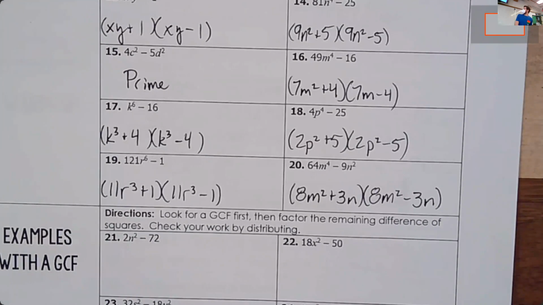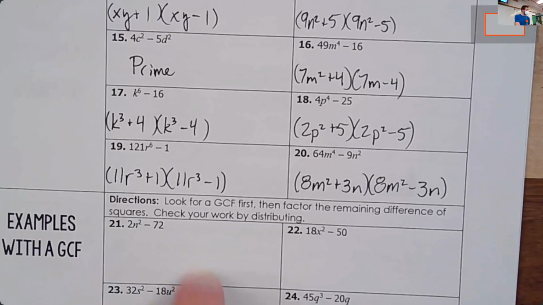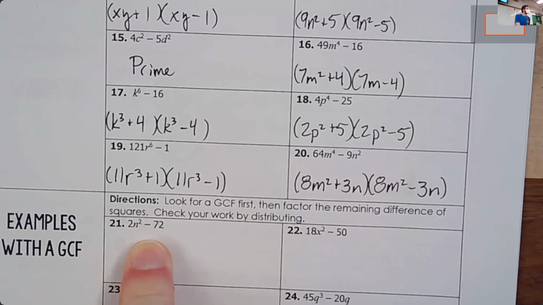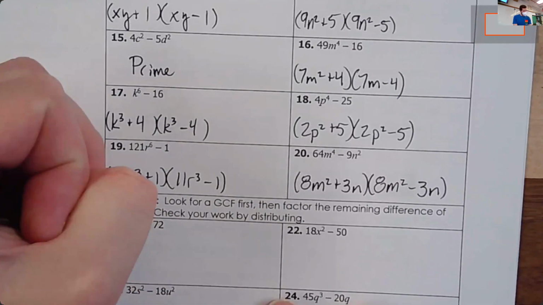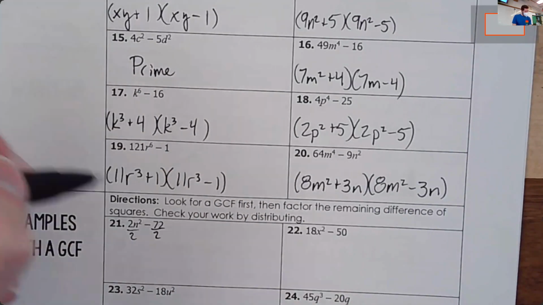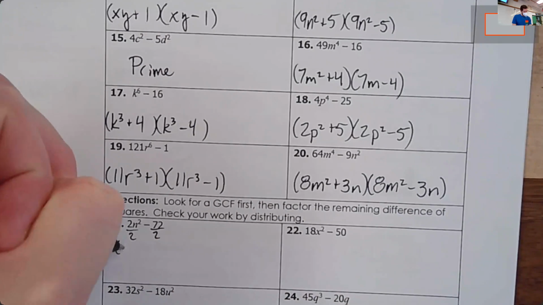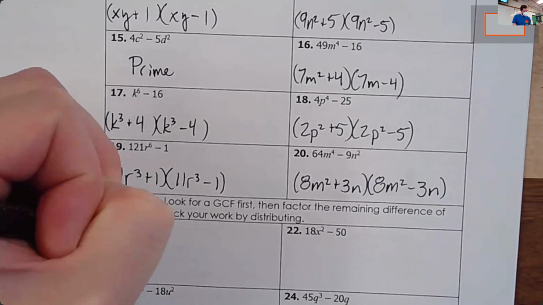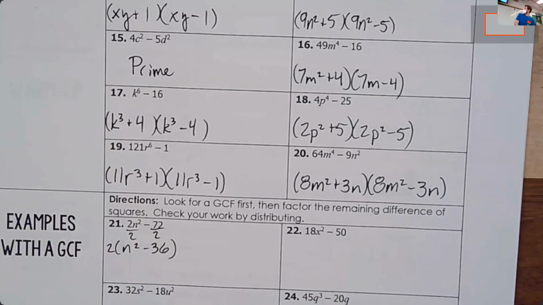So on number 21, is there a number that we can divide out of both of those? Can we divide those two numbers by anything here? 2 and 72? Yeah, by 2. So if we divide these both by 2, we'll start with that. We need to leave a little bit of room. We're going to have 2 times n squared minus 36. 72 divided by 2 is 36.